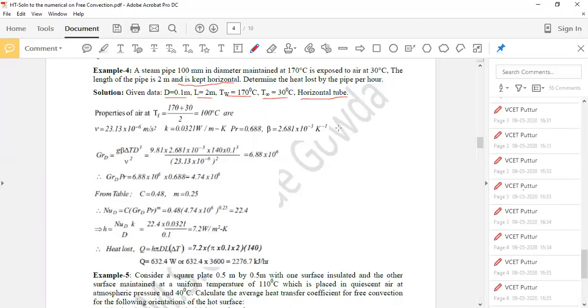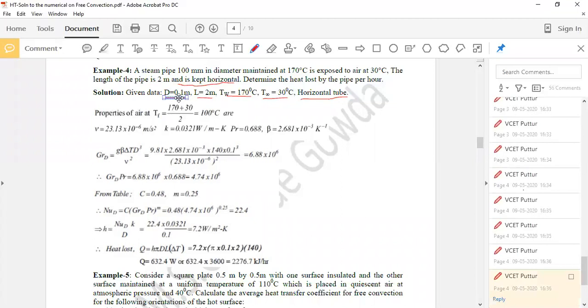The orientation of the cylinder is horizontal. For the horizontal cylinder or the sphere, you have to take the characteristic length as the diameter d.